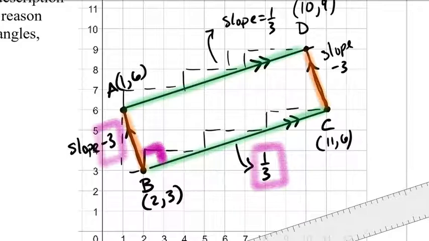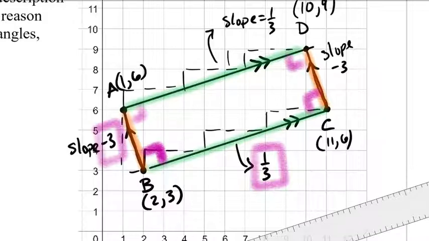It turns out the same thing is true for this adjacent slope, right? I've got 1/3 and I've got negative 3, opposite reciprocals. And then same thing with these. So not only is it a parallelogram, right? Both pairs of opposite sides are parallel, both pairs of opposite sides are congruent, but because we have 4 right angles there, this is a rectangle.